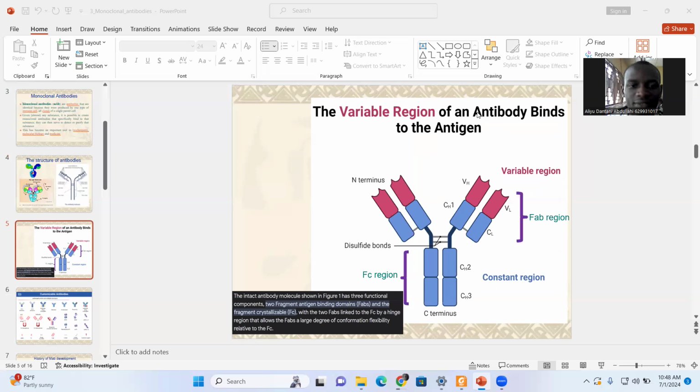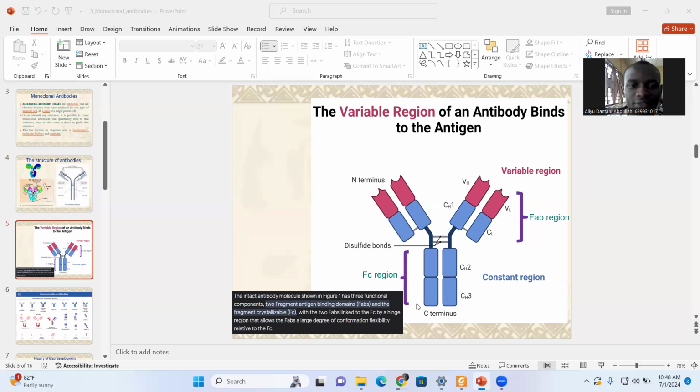All right, so the variable region of an antibody binds to the antigen. This is the variable region up here, and this below is your constant region. There's a variable light chain, VL, a constant light chain here, then the constant heavy chain in the constant region.